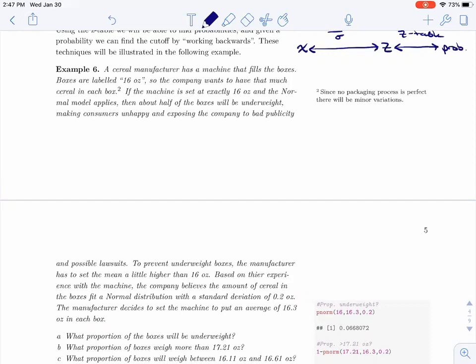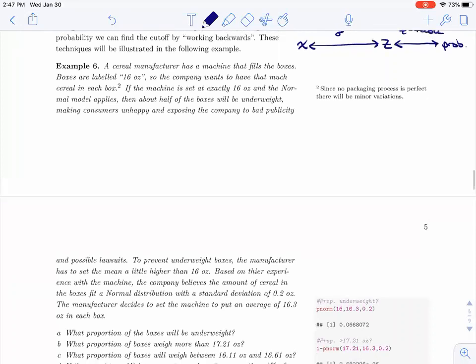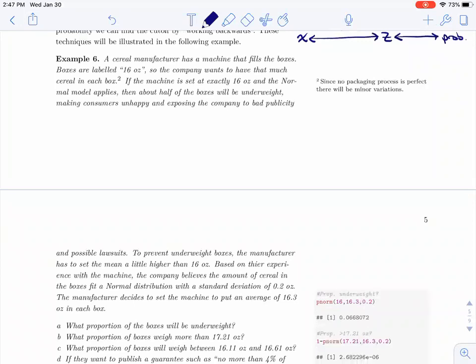So what we do is we set it to be something a little bit higher, shifting that distribution over so that you've got more boxes being filled at least 16 ounces. If the machine is set at exactly 16 ounces and the normal model applies, then about half of the boxes will be underweight, making consumers unhappy and exposing the company to bad publicity and possible lawsuits.